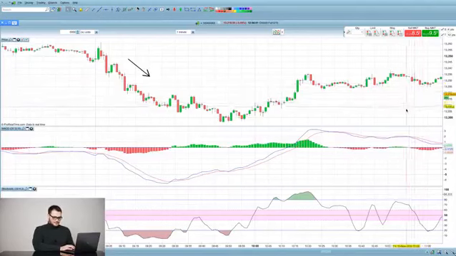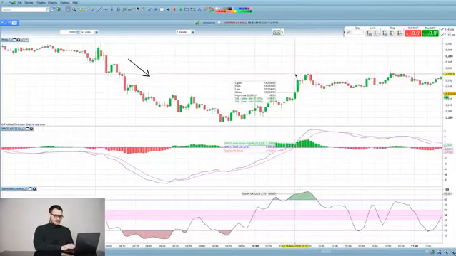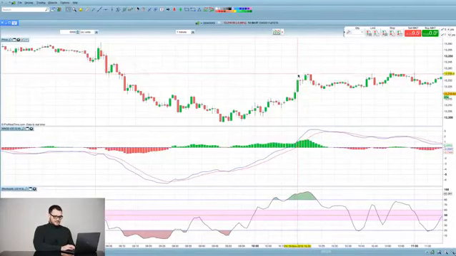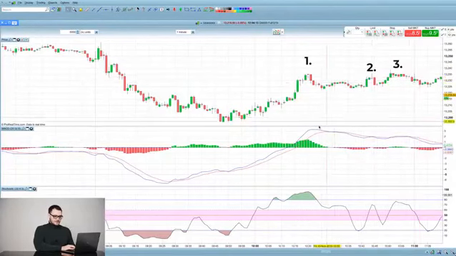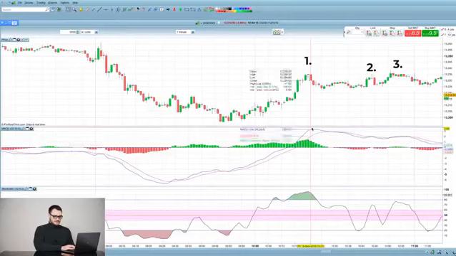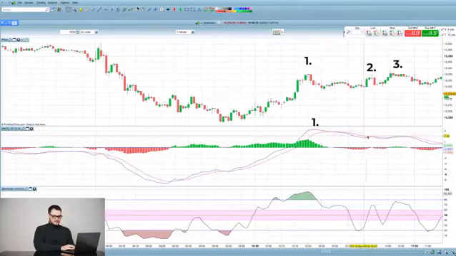Now, as you could see, if we use the wave structures and compare the waves, then we can see a wave here, number 1, wave number 2, and wave number 3. And here are the correlating waves in the MACD. The first wave, super small, but the second wave, and then the third wave.